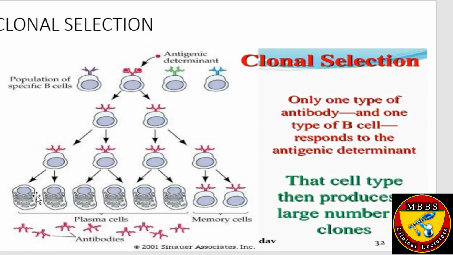In clonal selection, only one type of antibody and one type of B lymphocyte responds to the antigenic determinant. A person has a large pool of B lymphocytes, and each B cell bears a surface receptor, either IgM or IgD, that can react with one antigen.